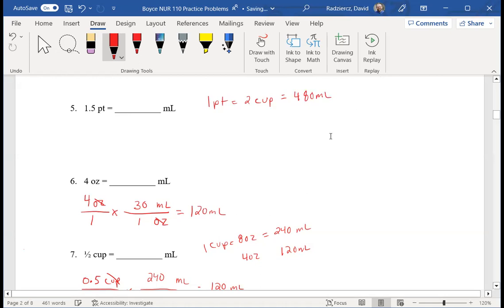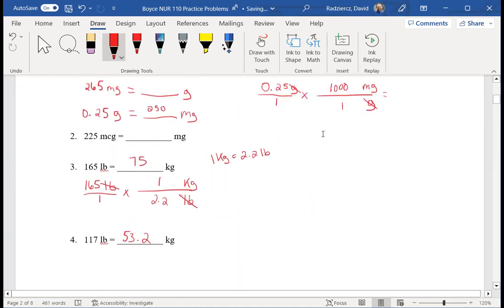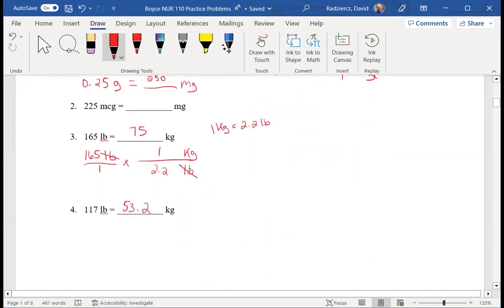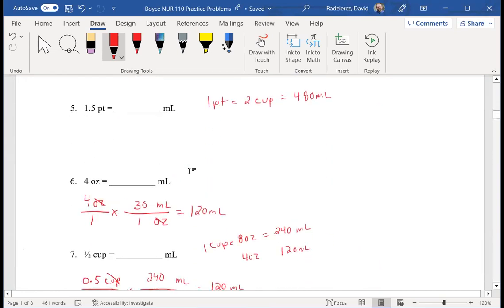And again, sometimes it's helpful to write these things down. If you don't have them memorized yet, just write them down. That way you can refer back to them and you'll get in the habit. It'll help you to memorize them. All right, so 1 pint is 2 cups, is 480 milliliters.